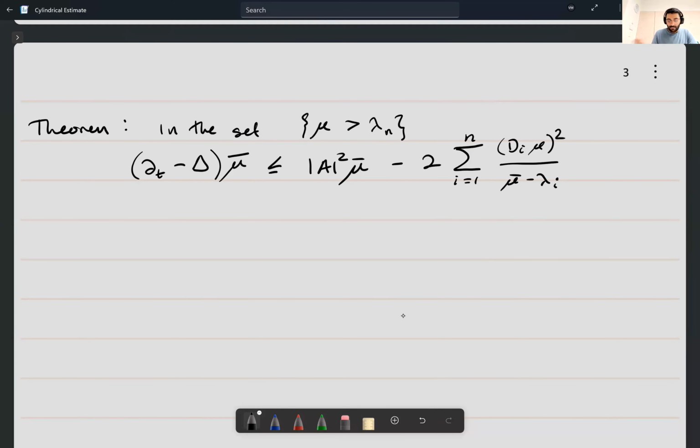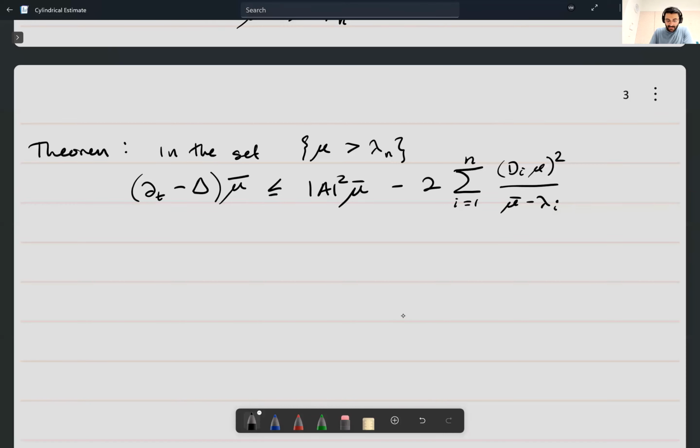To do this cylindrical estimate and other difficult work, you do need to look at this term here. But if I get rid of the restriction to the set where mu is greater than lambda n, and I also throw out this gradient term, then I just get partial t minus Laplacian of mu bar is less than or equal to A squared mu bar. That's true in the viscosity sense everywhere.